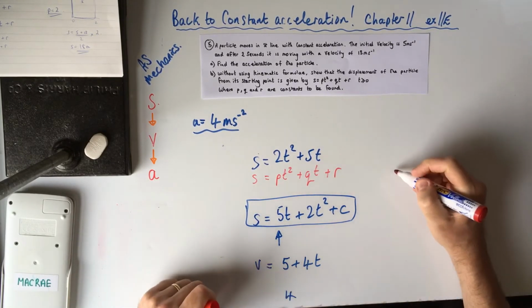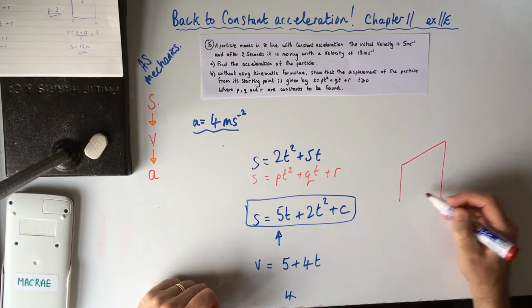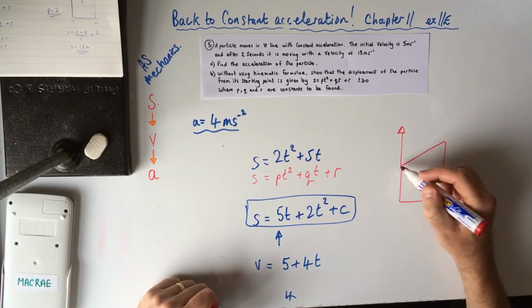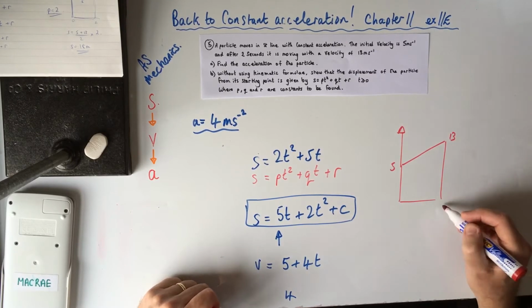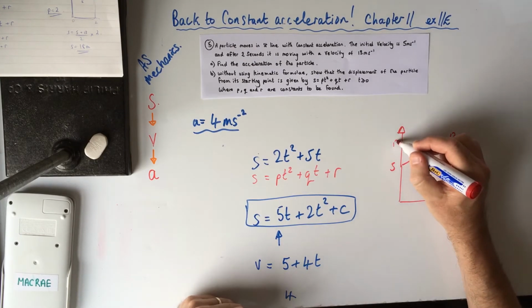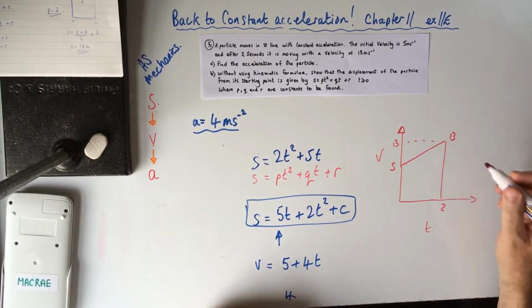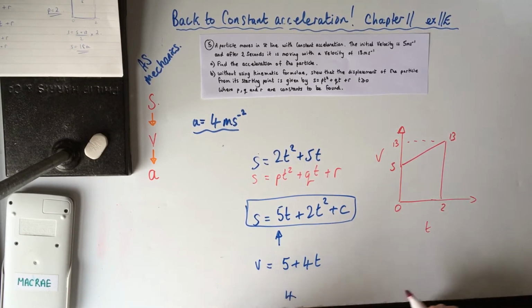Another way of looking at it is to draw a little diagram of what's happening. This is your velocity-time graph.